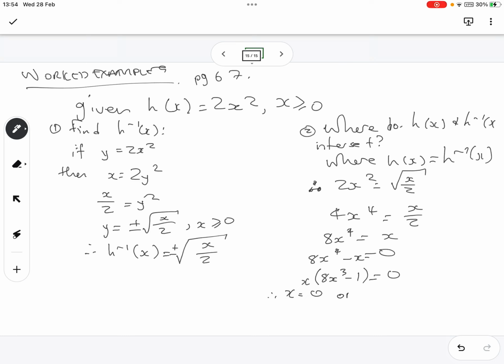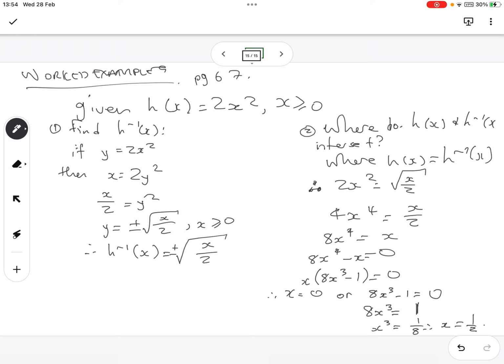So it's at x equals 0 or 8x cubed minus 1 equals 0. 8x cubed would equal 1, x cubed is 1 over 8 and x is a half.